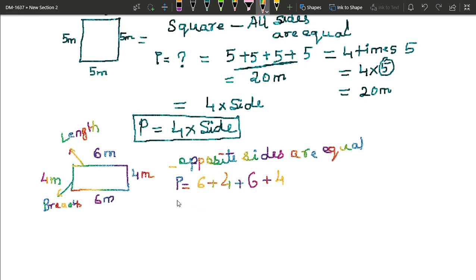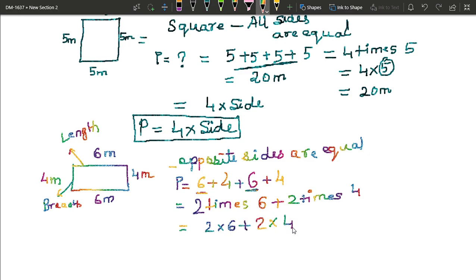So see, can you see here we are adding 6 two times? Can I write this as 2 times 6? And then can I write this as 2 times 4? Yes, I can do that also. So 2 times 6 I can write as 2 multiplied by 6, and 2 times 4 as 2 multiplied by 4. Now can you tell me what the 6 is here?